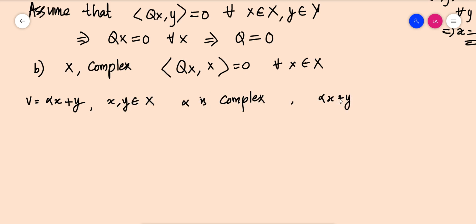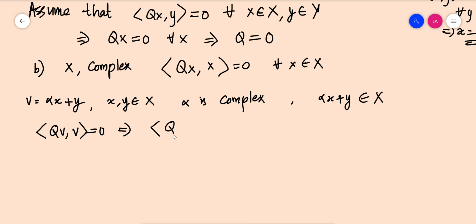Then alpha x plus y, which is v, is again an element of X. Then for all elements of X, we have <Qx, x> equal to 0. So using this argument, we can say that <Qv, v> is equal to 0.